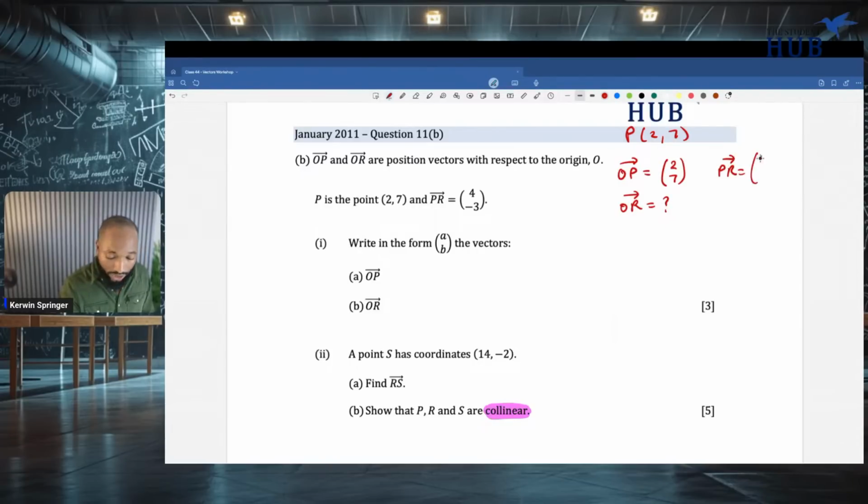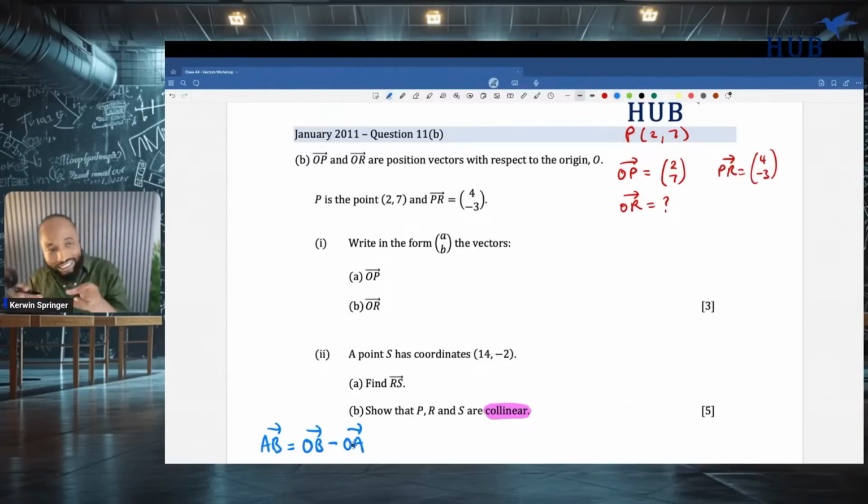So we're going to make use of what I introduced earlier called the triangle law. The triangle law looks like this: AB would always be equal to OB, you notice how the B comes first, minus OA. You notice how this is a normal displacement vector, and this is a position vector. This triangle law is powerful because it links position vectors to displacement vectors.